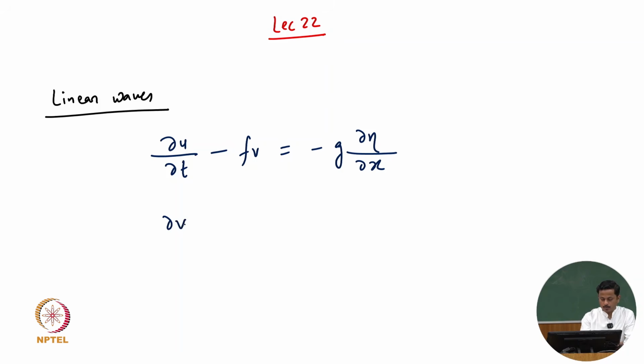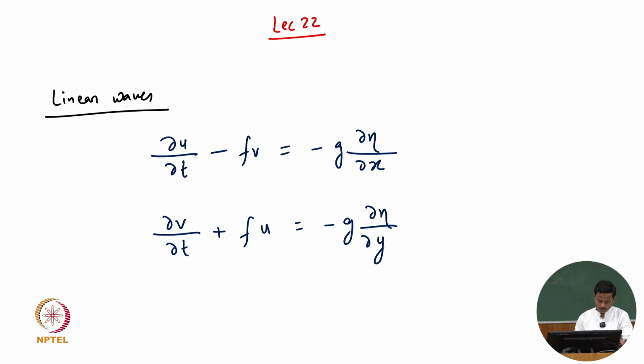That is, the amplitudes and the derivatives are not big, and we can neglect the nonlinear terms. So these are the momentum equations in the x and the y directions. We have all linear terms, and the advective terms were neglected.